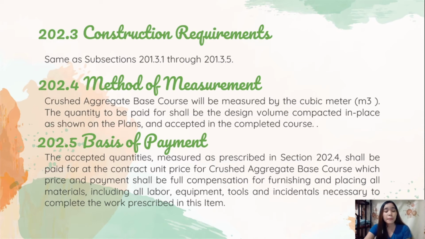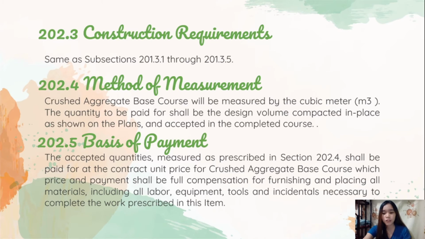Then the basis of payment. So the accepted quantities measured as prescribed in section 202.4 shall be paid for at the contract unit price for crushed aggregate base course, which price and payment shall be full compensation for furnishing and placing all materials, including all labor, equipment, tools, and incidentals necessary to complete the work prescribed in this item.